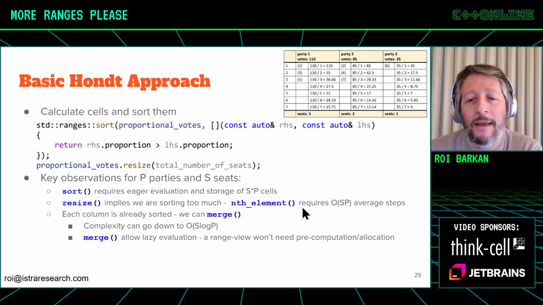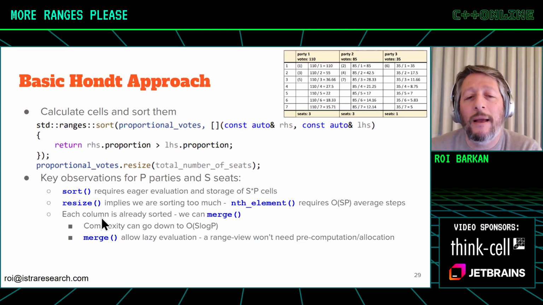And the second insight that I had is that even nth_element doesn't have any precondition on its input. It just takes any input and finds the nth element out of it.